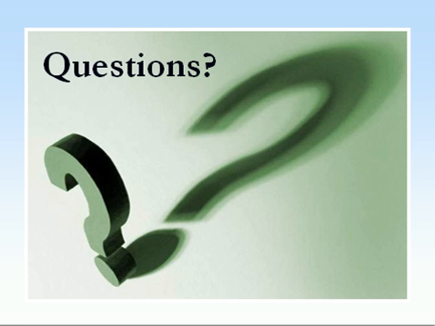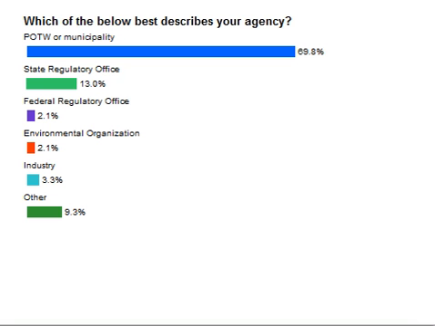Thank you, Jan. While we're waiting for more questions, let's go see what our poll results are from our two poll questions. The first question was, which of the following best describes your agency? Currently almost 70% of you are POTWs and municipalities. Great. And then we have some others. I wonder what others mean, but I'm sure we'll get the answer later.